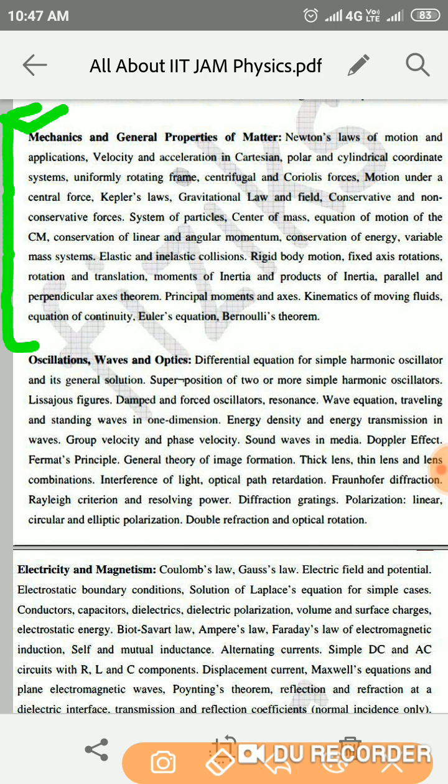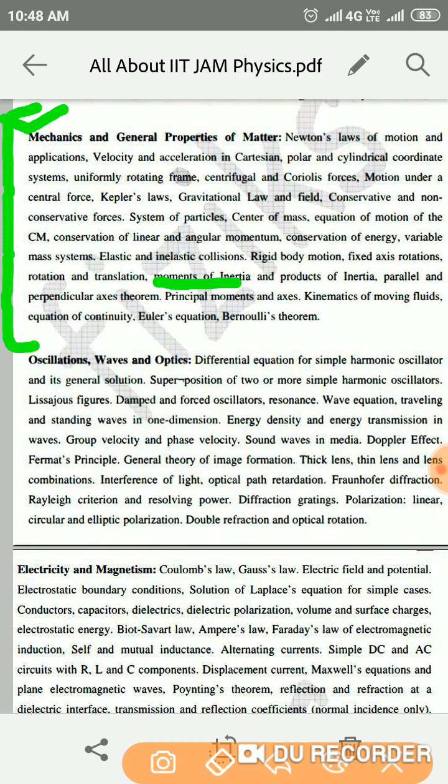Then you should also study about collision. Collision is also important. Then there are theorems like parallel and perpendicular axis theorem that are also very important, and you should also be able to find the moment of inertia for different objects.